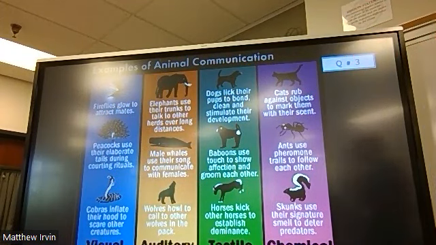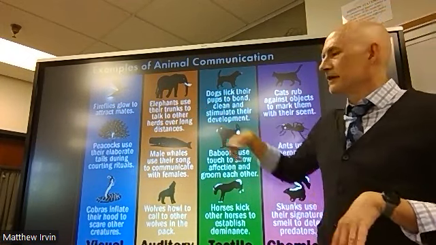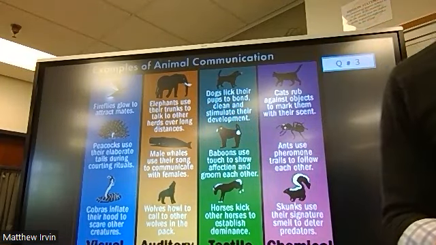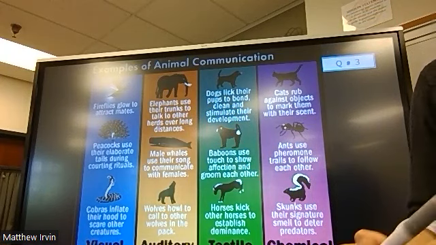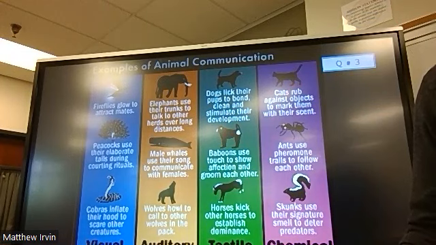It can be auditory as well, with barking and growling and hissing. Elephants, interestingly, can pass low frequency sounds through the ground and communicate with each other over miles of distance, and then they can sense it in their feet.